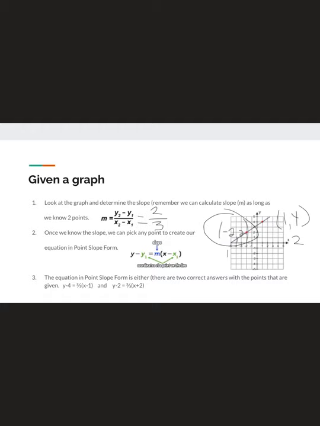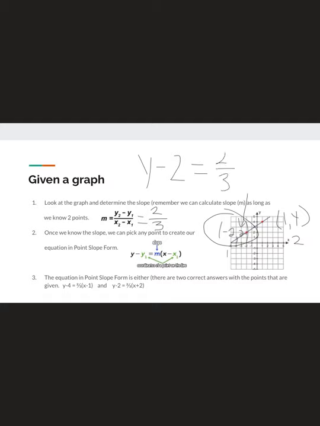So we're just going to follow this formula. So I've got y minus my y of my point 1 that I picked. So my y of my point is 2. So we're subtracting that point. And then it equals m, which is the slope. Well, that's 2/3.